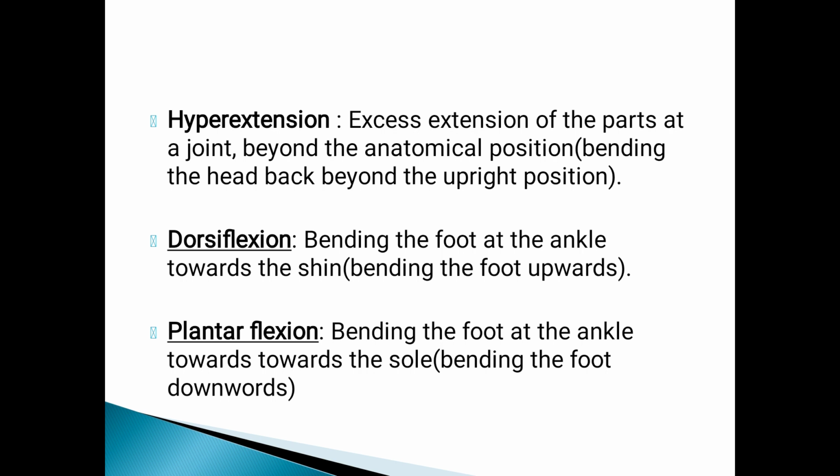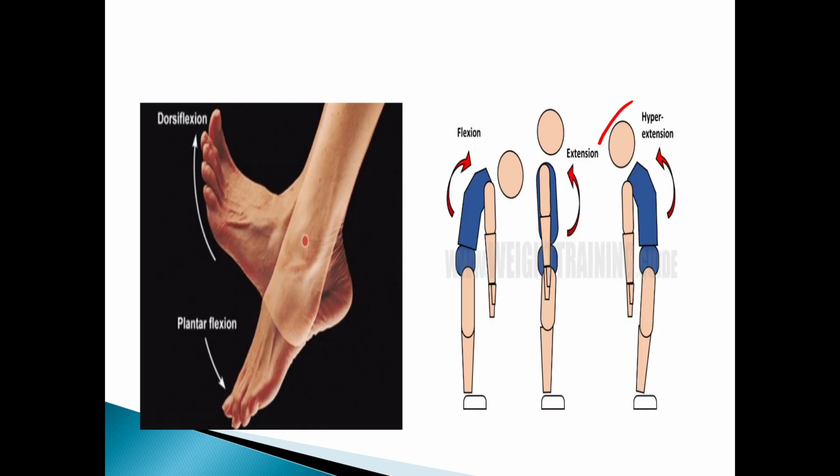Hyperextension is the excess extension of the parts at the joint, beyond the anatomical position, that is bending the head and neck beyond the upright position, as you can see in this diagram.